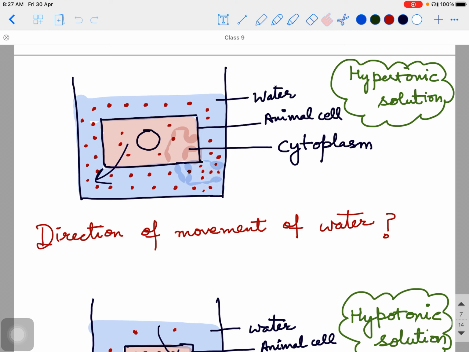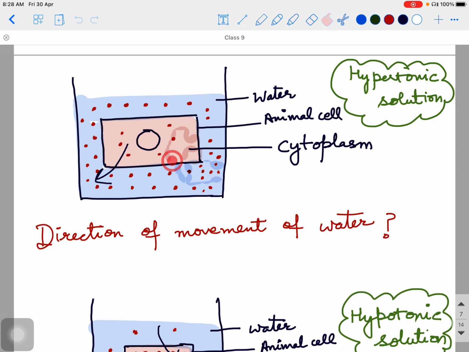If you get confused by the overall amount of water, you may think that the beaker is very large and the cell is very small. The cell must contain a very small amount of water as compared to the beaker. So water should always enter from the beaker to the cell. But that is not the case, because it is close to impossible to take one cell and put it in the beaker. So we have taken one cell only for the sake of understanding the concept.